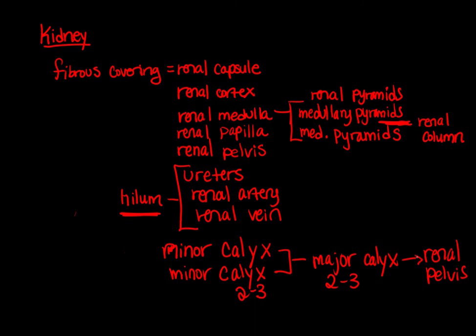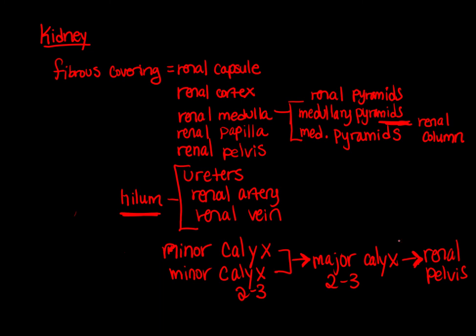So if it seems like it's directly connected to the renal pelvis, then it's most likely going to be a major calyx. So you can drain urine straight from a renal pyramid to a major calyx, and you can skip the minor calyx.